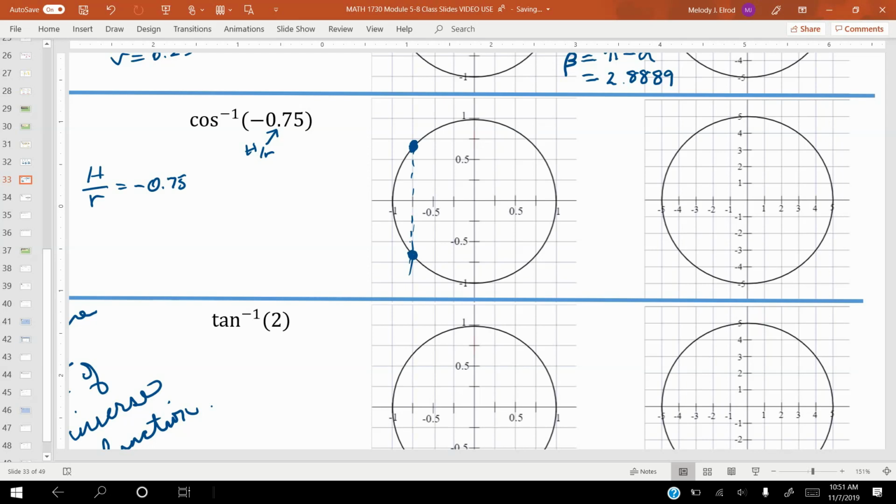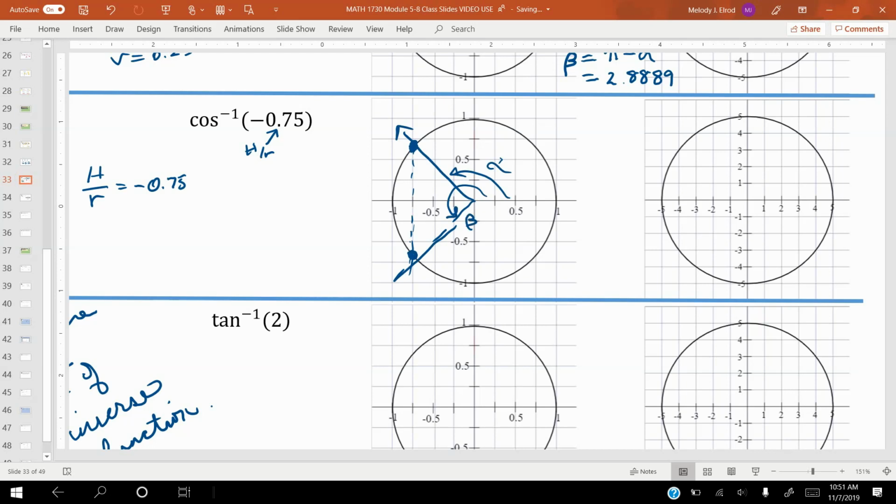And so we want this value, alpha, and this value, beta, right?